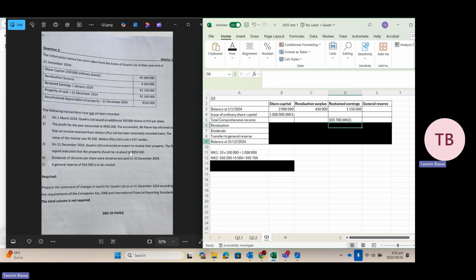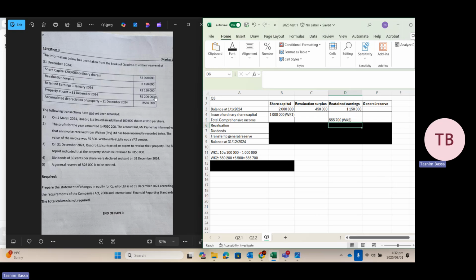Then the third one, on 31st December 2024, Quadro Limited contacted an expert to revalue their property. The report indicated that the property should be valued at 850,000. At the moment, the cost of the property is 1.2 million. 1.2 million minus the accumulated depreciation of 530,000 gives you 670,000.